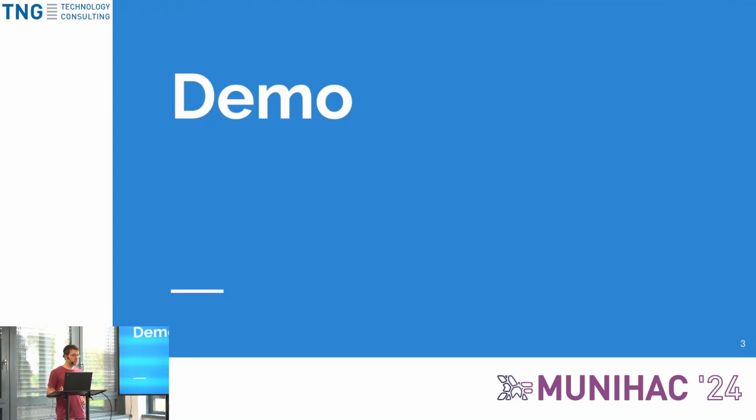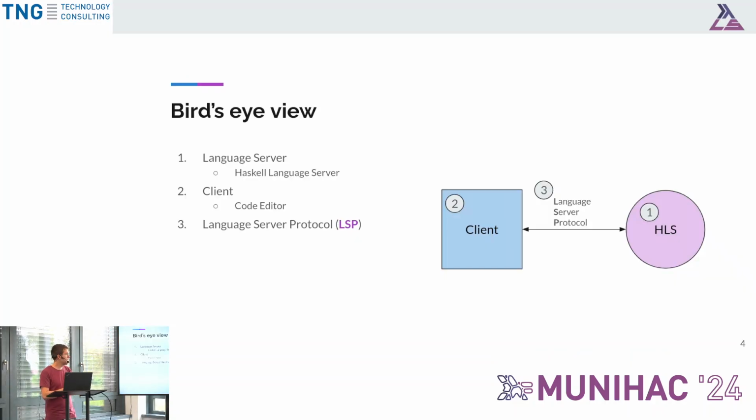And first things first, we have to take a look at the full picture of what actually encompasses the IDE experience in Haskell. When I'm talking about the IDE experience, there are actually three major parts involved.